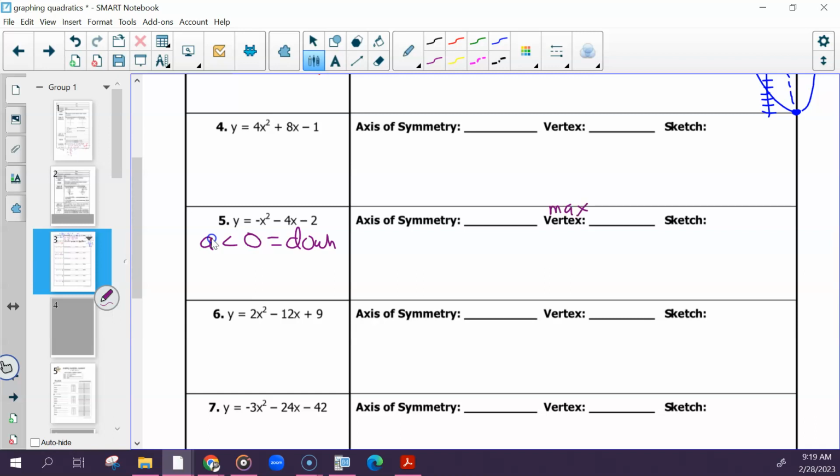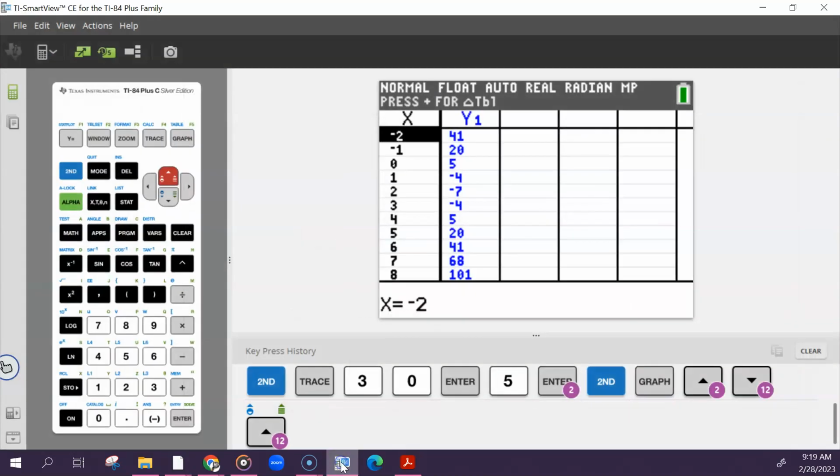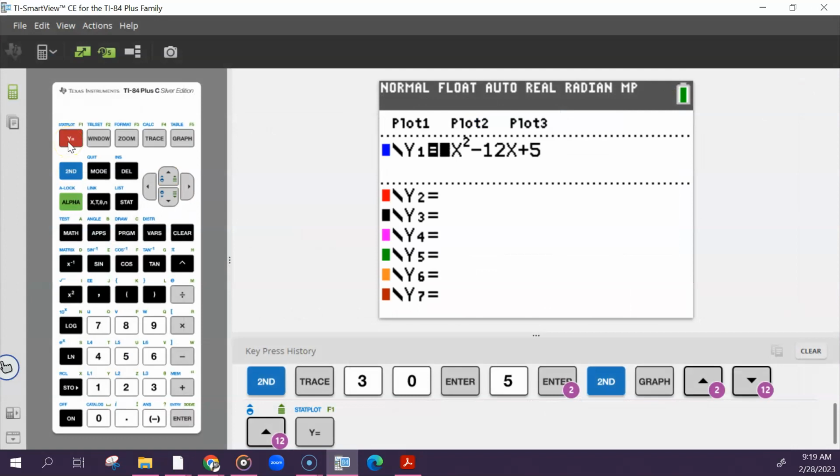Okay, so let's go ahead and type this into y equals. You can either clear out the whole thing and retype, or you can just type over it. So it'd be a negative, negative, and it would change to a positive.